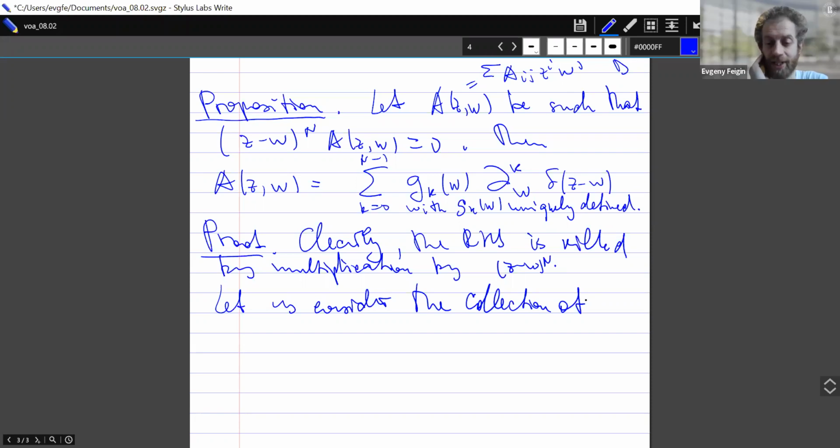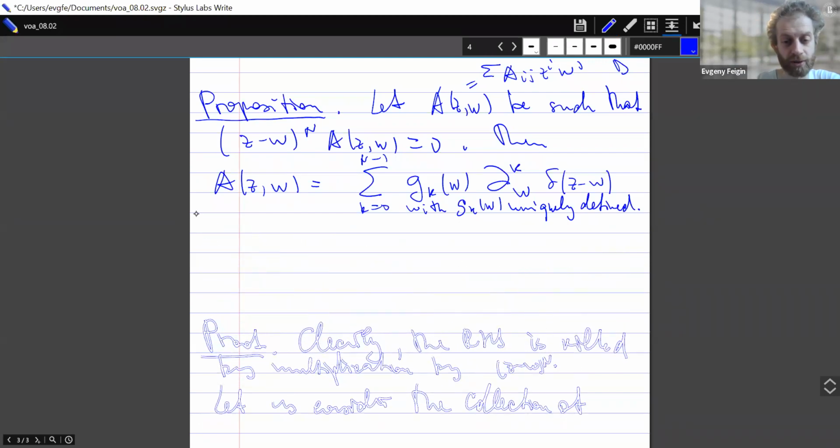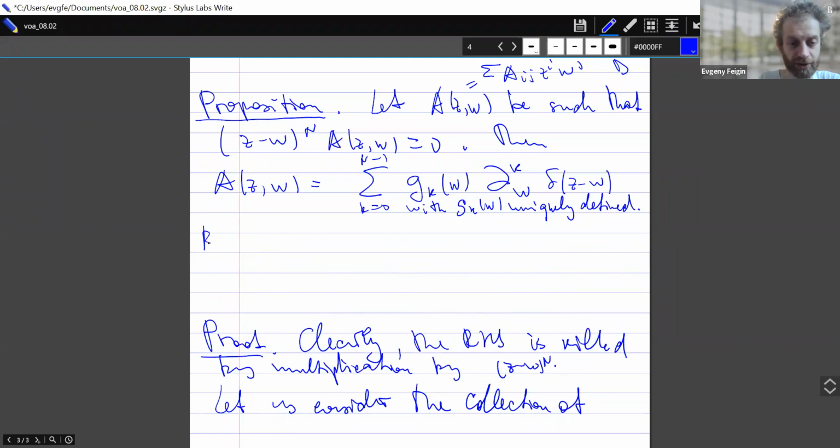Well, yes, in some sense, that's exactly how it works. Absolutely. But let us make it a bit more precise. Maybe indeed it's a good idea to work out the first example. So before the proof, let's consider an example.